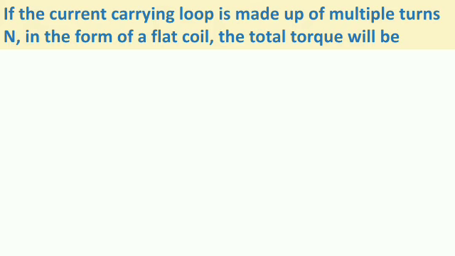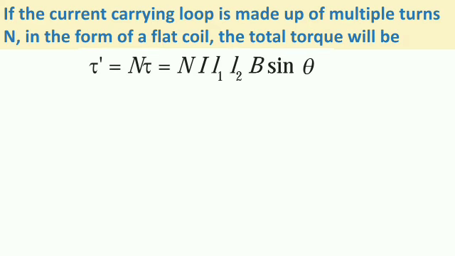Now if the current carrying loop is made up of multiple turns, capital N, in the form of a flat coil, then the total torque will be N times the torque, where N is the number of turns. So finally, as we have already derived the equation of the torque in the previous equation, substituting the value of torque, our final torque is equal to N I L1 L2 B sine theta.